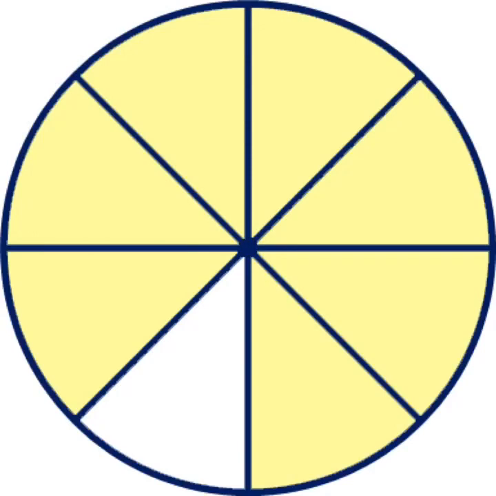So here children, the total number of parts in which this circle is divided is the denominator, that is 8, and the parts which are shaded, the yellow part, is the numerator, that is 7. So how will you write this fraction? Yes, we will write it as 7 by 8 or 7 upon 8, where 7 is the numerator and 8 is the denominator.